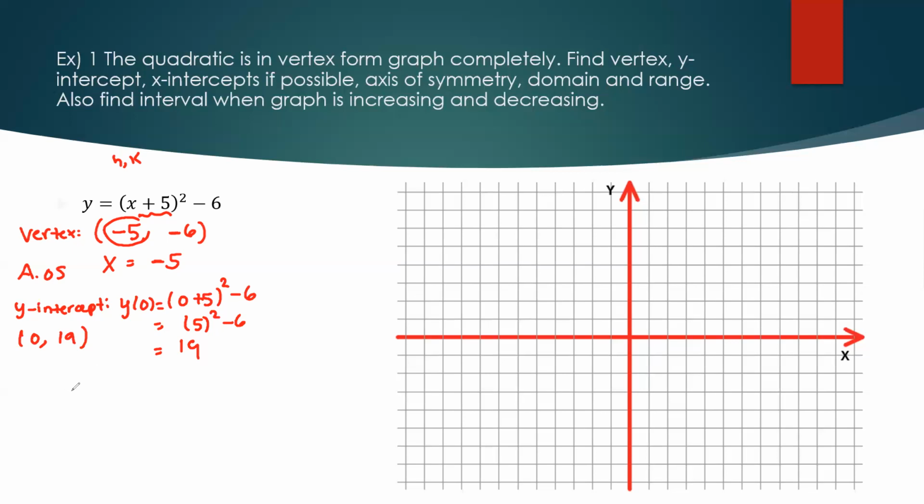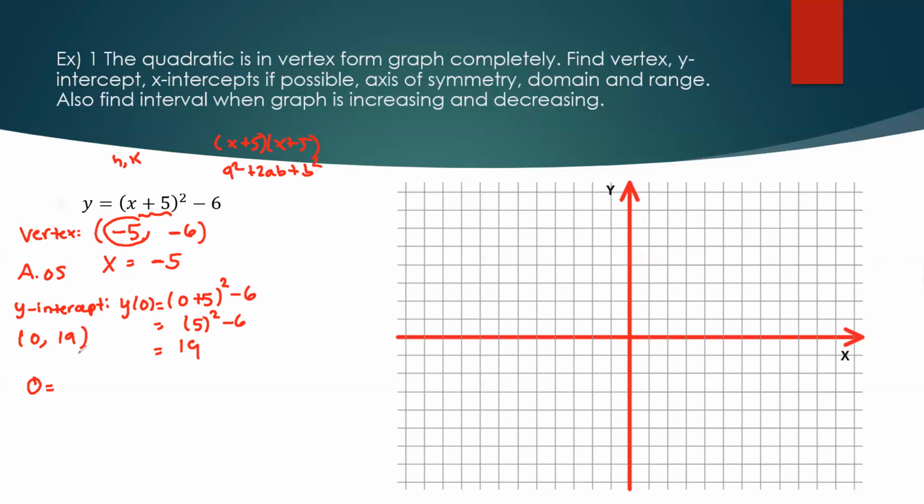Now what's the next one? We've got to find the x-intercept. How do you find the x-intercept? You set y to 0. Now for x plus 5 squared, I'm going to have to FOIL that out. x plus 5 squared is the same thing as x plus 5 times x plus 5. You could do it the long way, factor it, collect like terms, but I'm going to do the shortcut: a squared plus 2ab plus b squared.